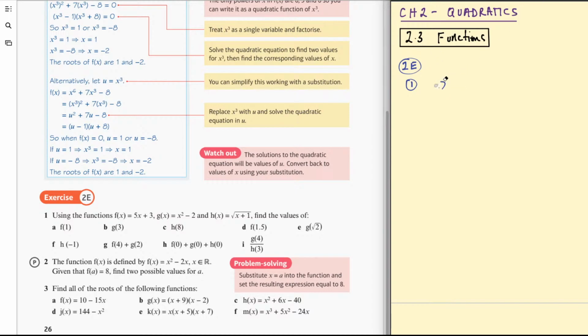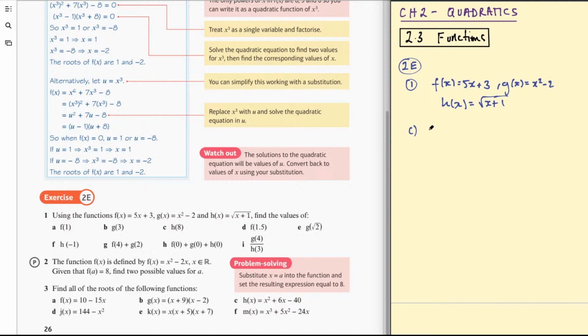Actually, for these, it's good practice to write the functions down. So f of x equals 5x plus 3. g of x equals x squared take 2. And h of x equals the square root of x plus 1.